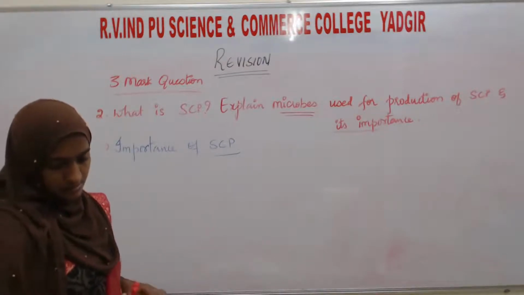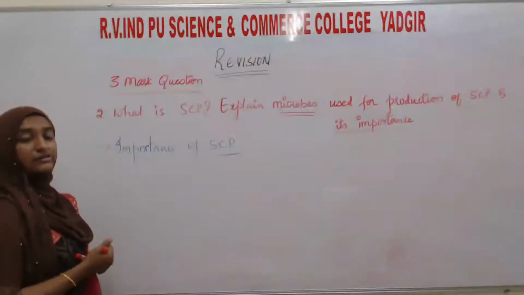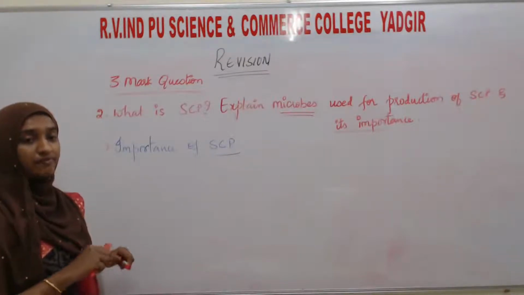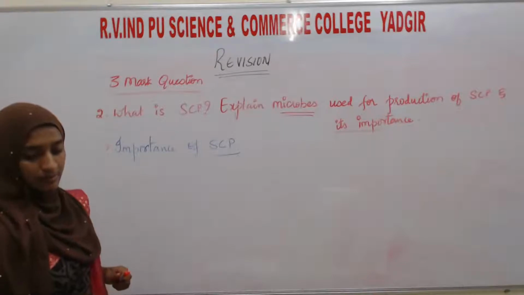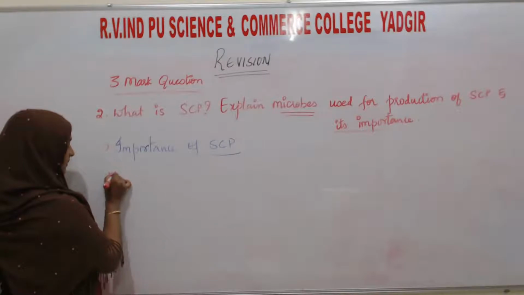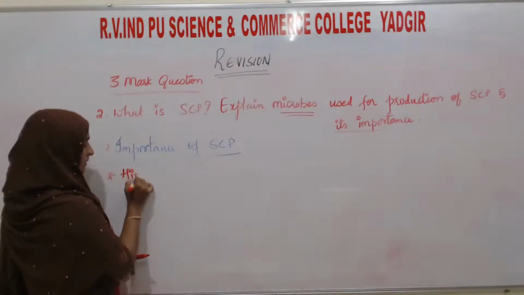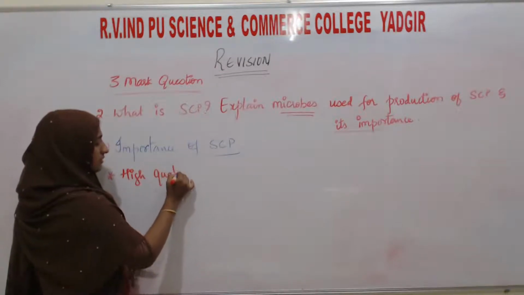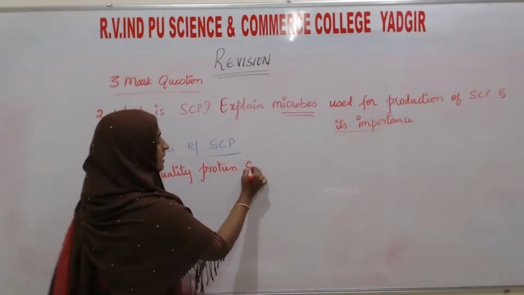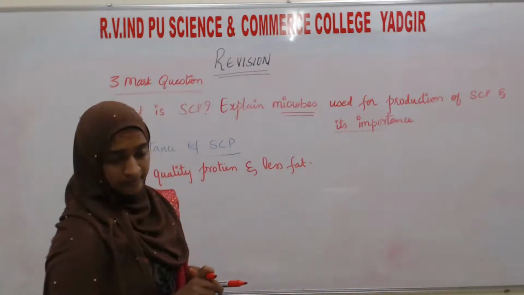So, let's see. High quality protein and less fat content. By using the single cell organisms, they are going to produce the edible proteins. The proteins will be high quality protein. First point, high quality protein and it will have less fat. This is one important point.